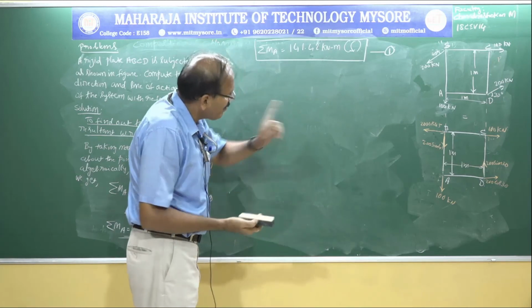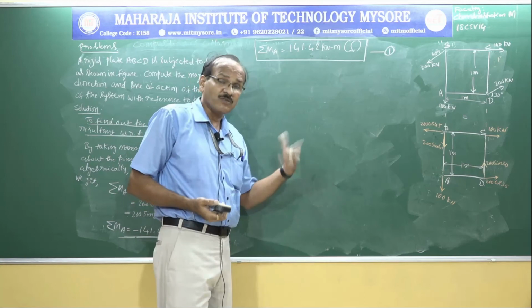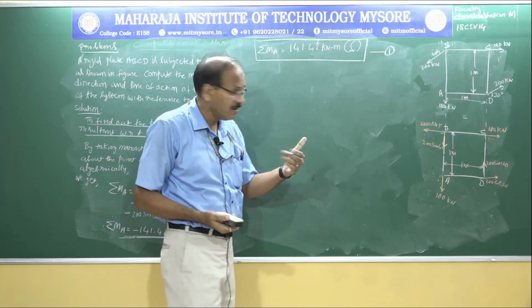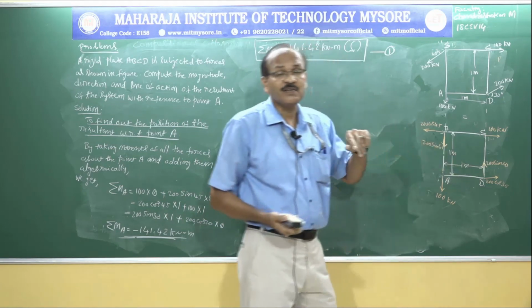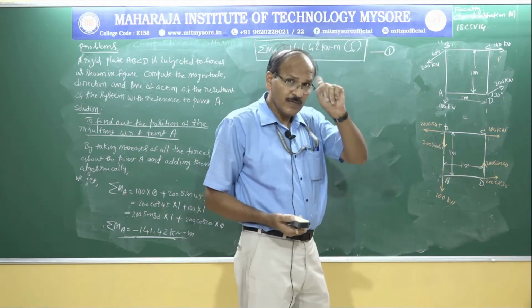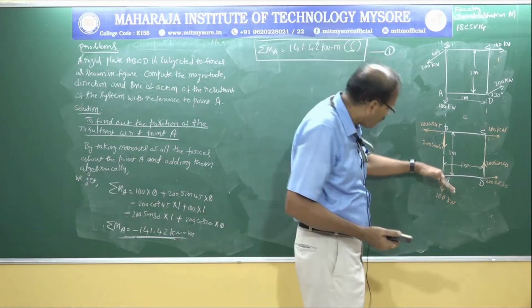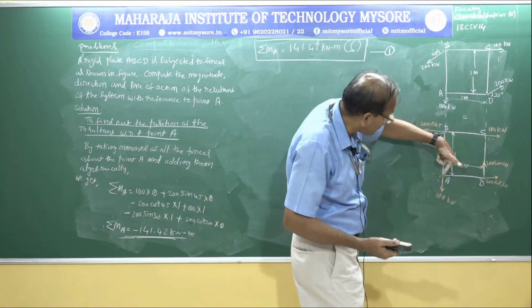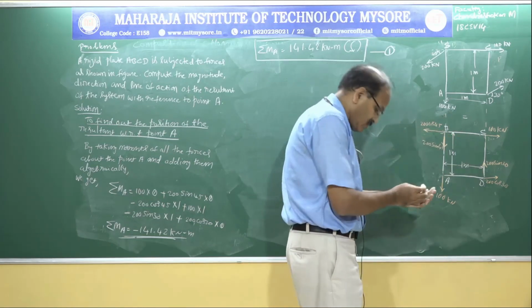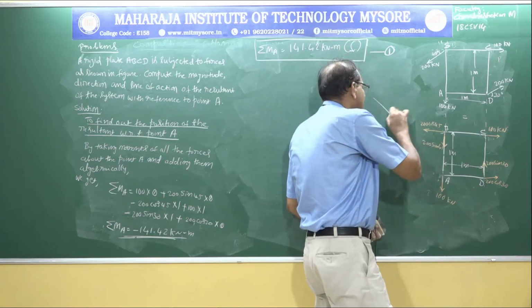Coming back to the resultant R, which we found out the value and the angle, I need to know the position of the resultant, where exactly that resultant falls with respect to point A. If I put that resultant on the right side of A, like this, I know the resultant is acting like this.